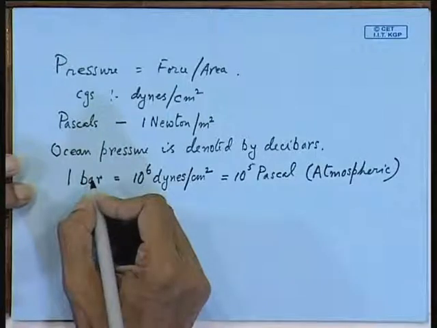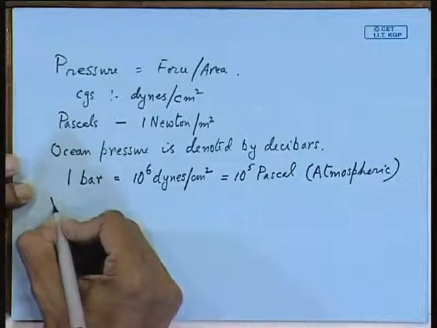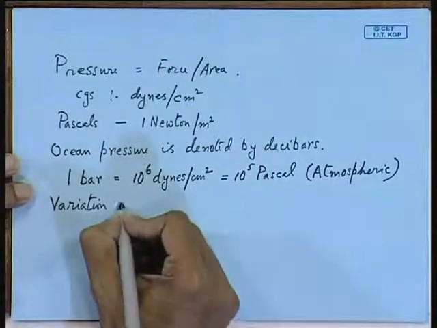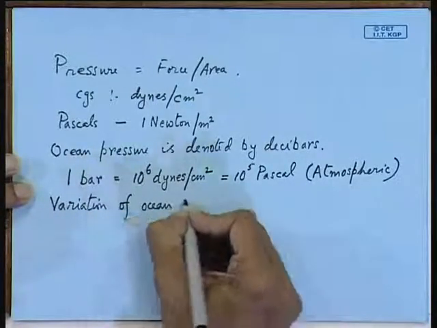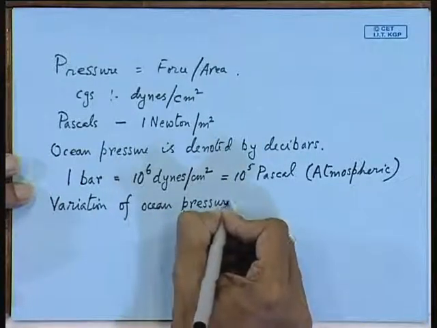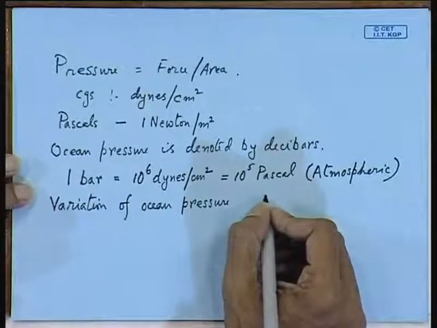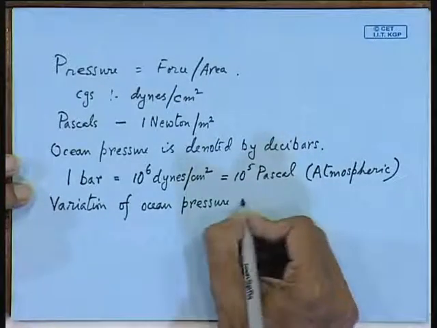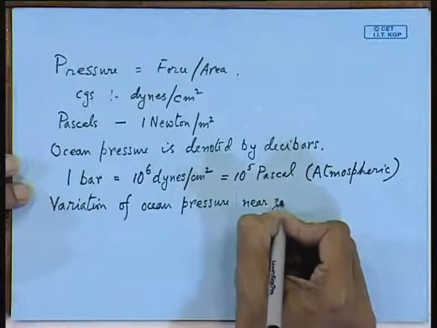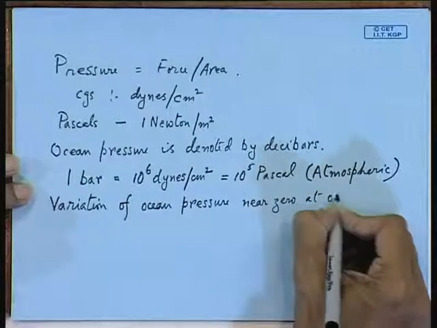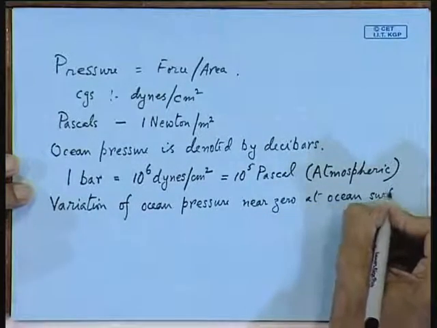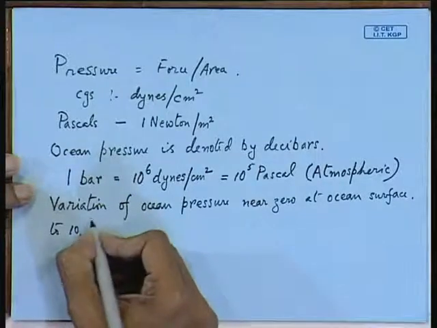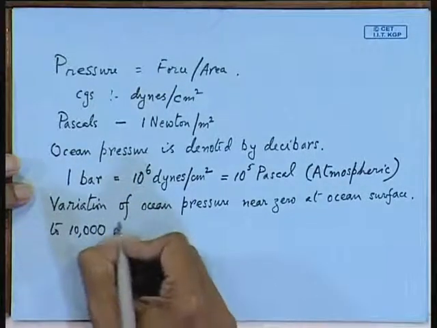Now, variation of ocean pressure. This varies from near zero at ocean surface to 10,000 decibar.